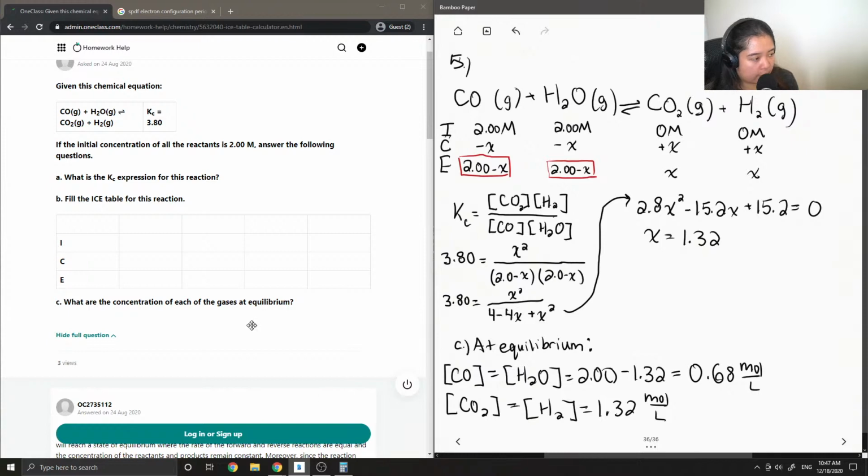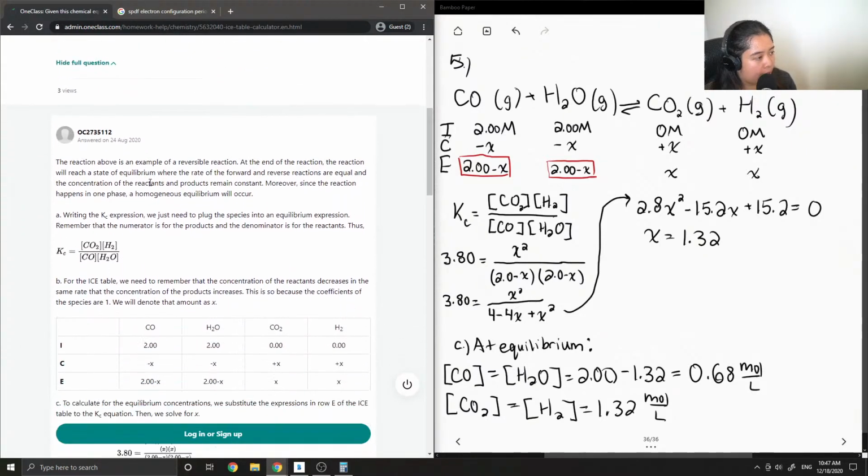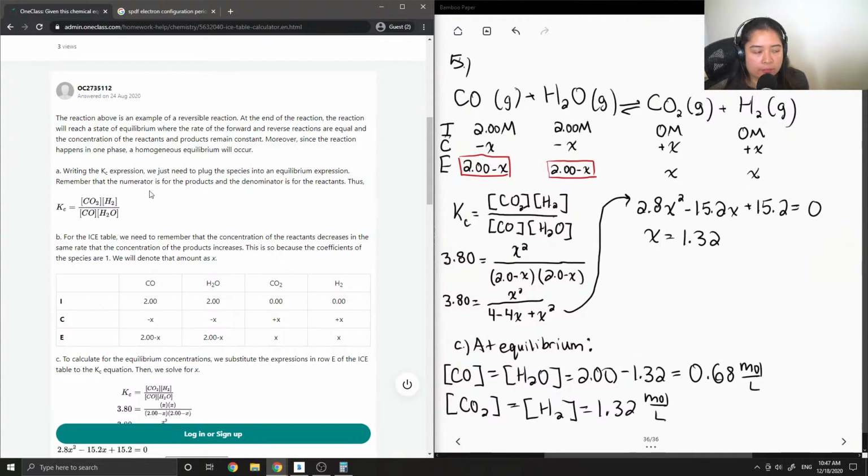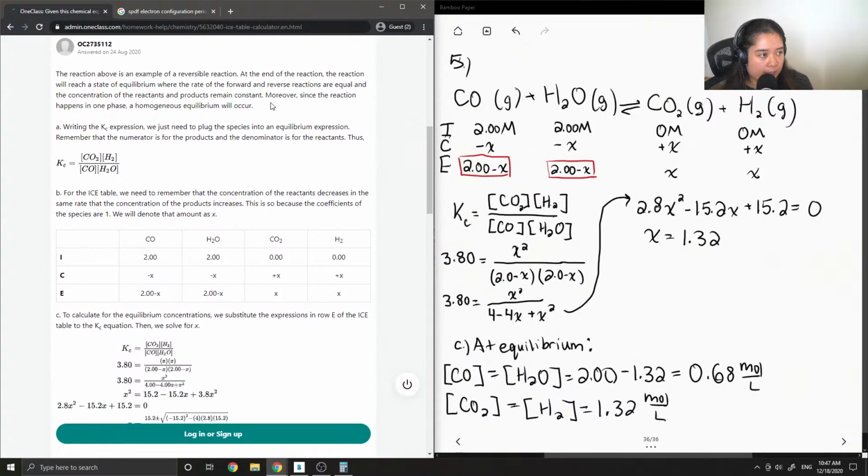Okay, so let's see what the junior tutor wrote. The reaction above is an example of a reversible reaction. At the end of the reaction will reach a state of equilibrium where the rate of the forward and reverse reactions are equal and the concentration of the reactants and products remain constant.